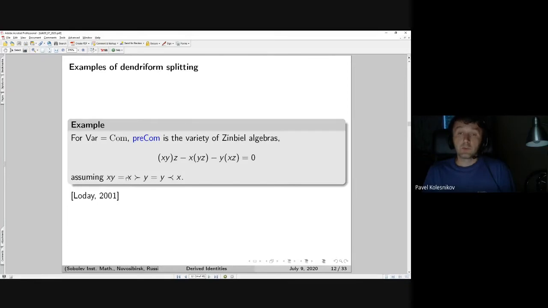In terms of this operation, what we obtain would be exactly the Zinbiel identity. Sometimes in differential geometry, this identity is called the half shuffle algebra identity. Zinbiel algebras were invented somehow in differential geometry under the name of half shuffle algebras.